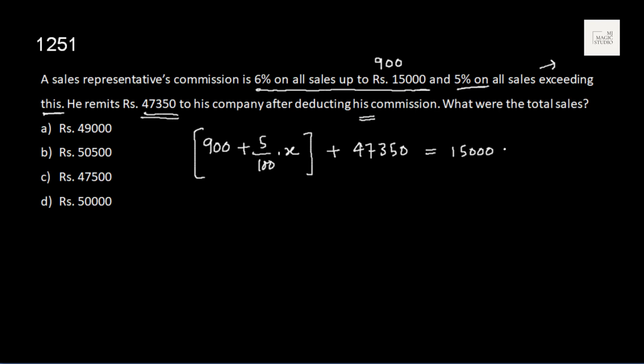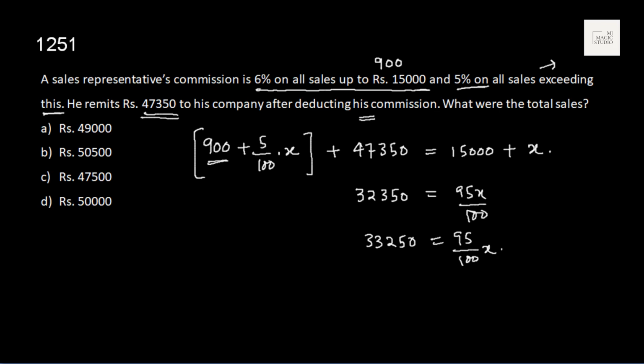Total sales is 15,000 plus X. That's it. 47,350 minus 15,000 is 32,350 equals 5x, that will be 95x, and here we have more 900, so it would be 33250 equals to 95% of x.